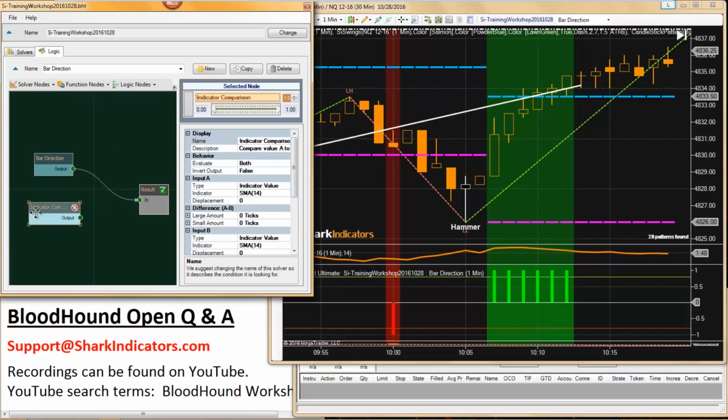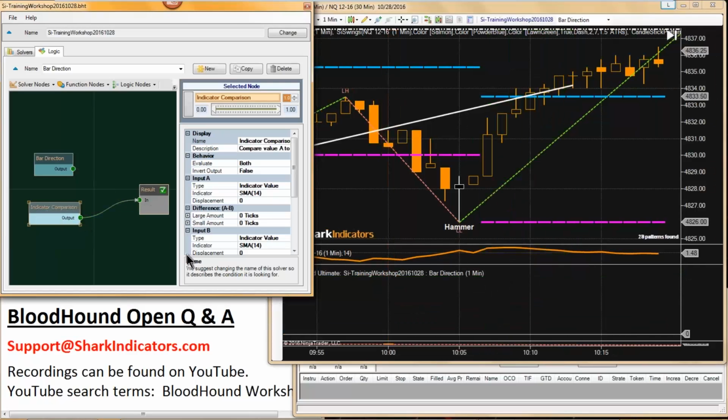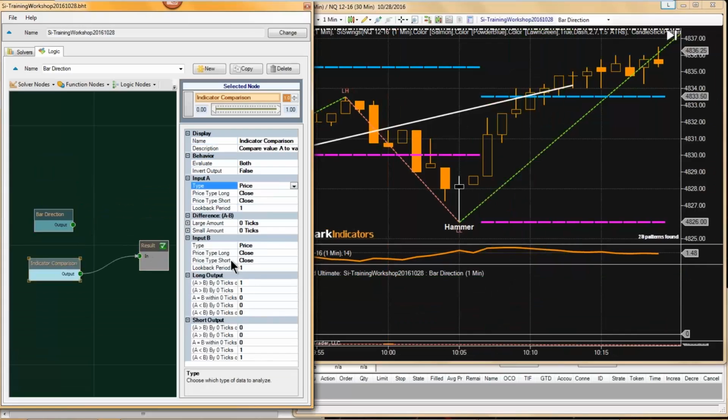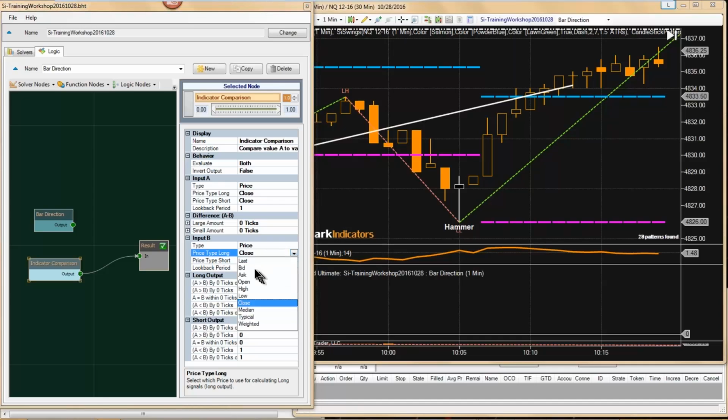All right, so let's connect that in here. Open this up. See, what I've done is I set the indicator up to look at prices. So I could compare the closing price to any of these other prices here.